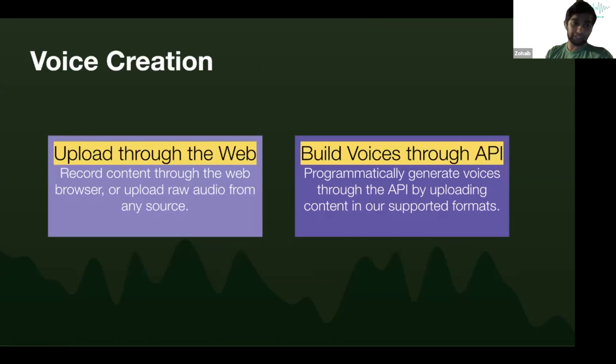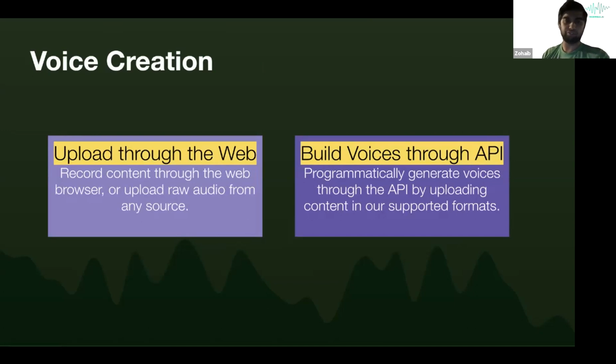Voice creation, really quickly: there are two ways to create a voice. If you were at the webinar last time, we showed you one of these, which was uploading through the web. Most of you are probably familiar with going into our website and clicking the record button. We give you prompts to read and you read them out loud. We also provide cloning voices from raw data sources.